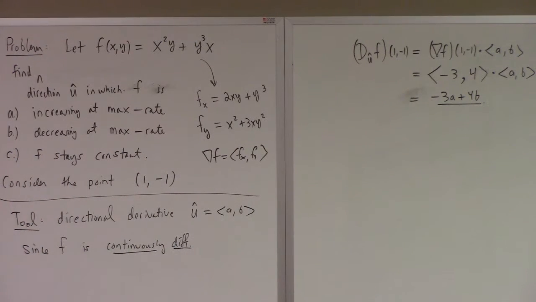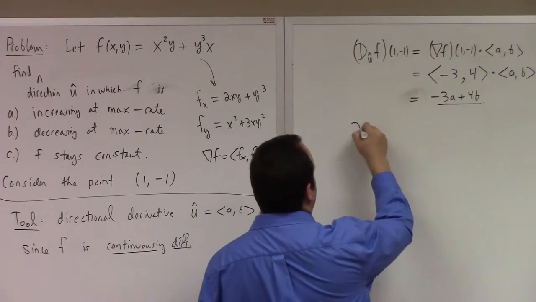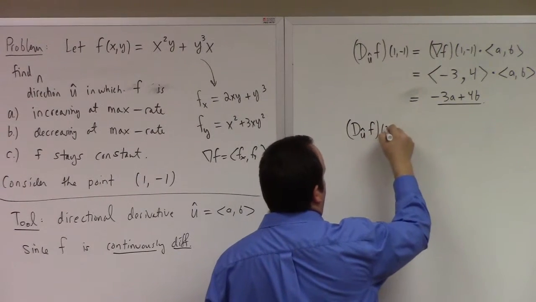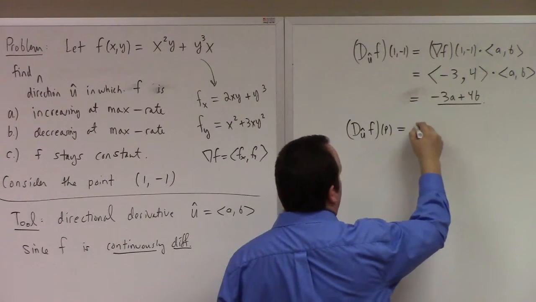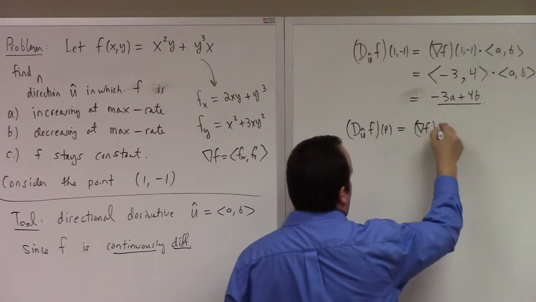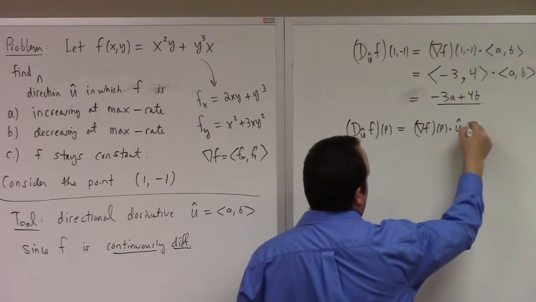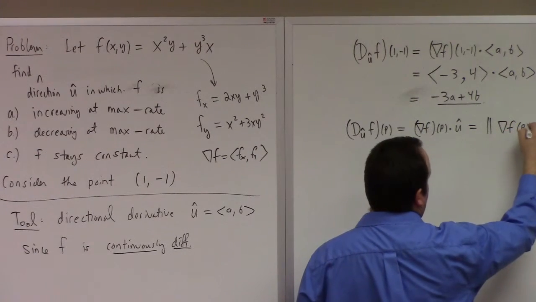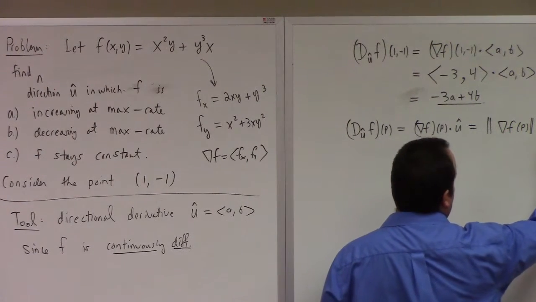Now, what I advertise to you is that to answer this question, we can think geometrically. Generically speaking, the directional derivative in the u hat direction of f at a point P is the gradient of f at the point P dotted with u hat, and we can replace this with the magnitude of the gradient of f at P times the cosine of the angle between them.